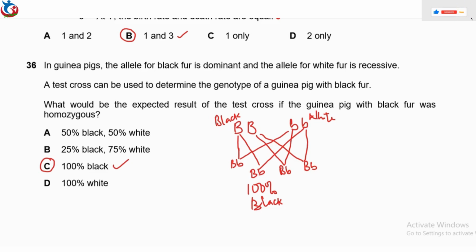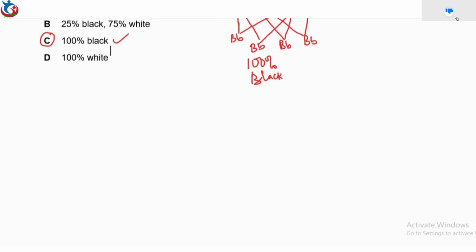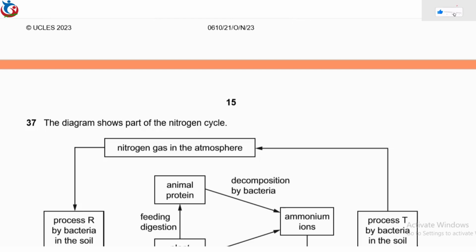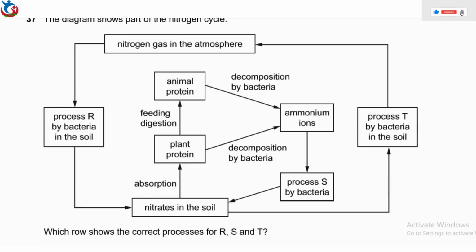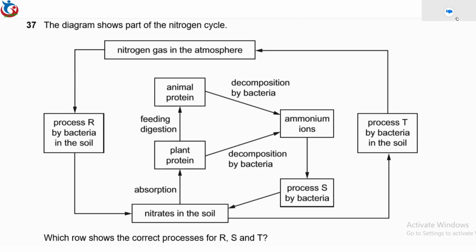Now we'll move to question 37. Question 37 says, the diagram shows part of the nitrogen cycle. Which row shows the correct processes of R, S, and T?